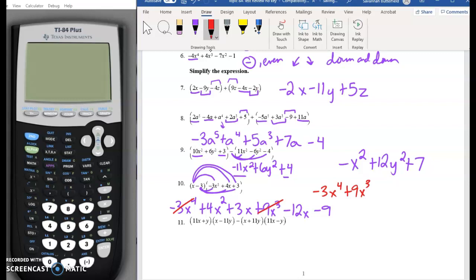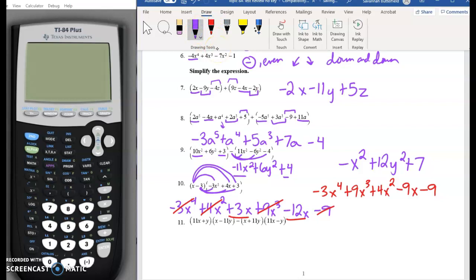I only have 1, so we'll just write plus 4x squared. And then I have two x's, so I have a positive 3 and a negative 12. Those combine to be negative 9x. And then negative 9, we'll just move over. So this is my final answer: negative 3x to the fourth plus 9x cubed plus 4x squared minus 9x minus 9.